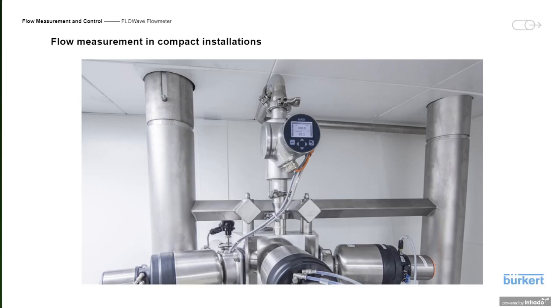On the next slide, here you see an example of an installation at the customer. And this slide is not to give you a recommendation for a good installation. Here it's kind of a worst case installation, but even under these worst conditions, we managed that the FlowWave gives a proper flow reading.